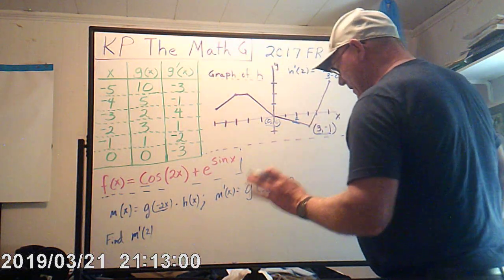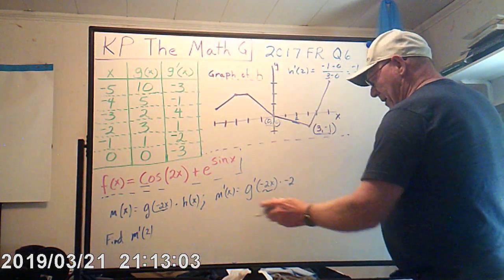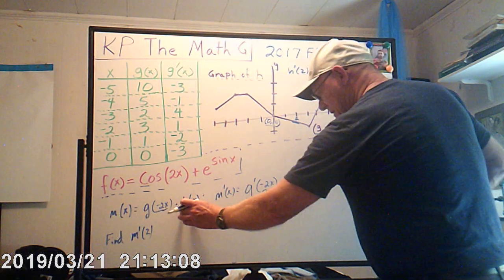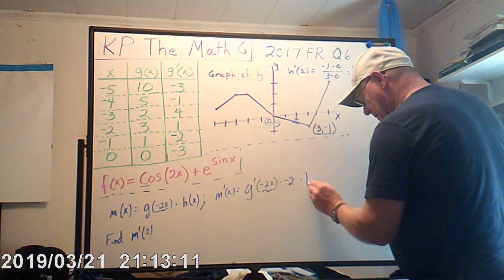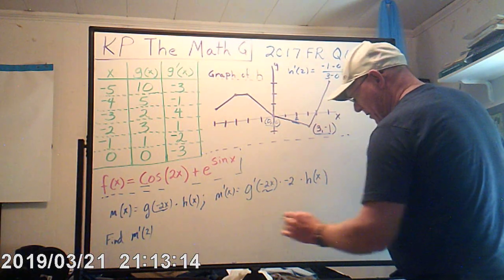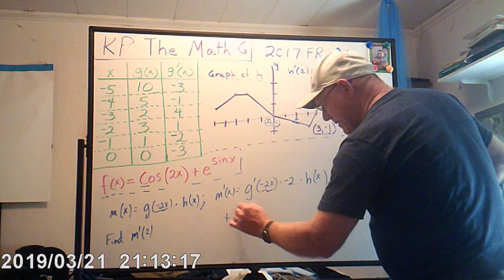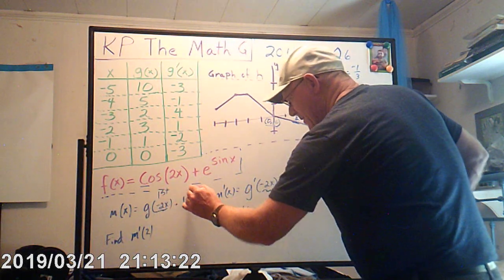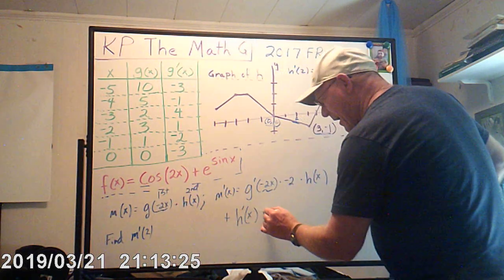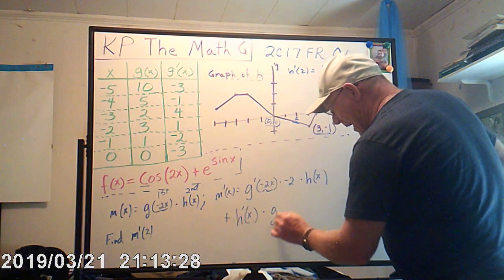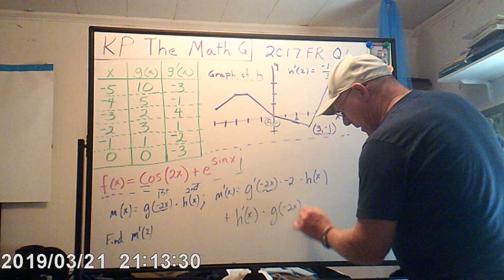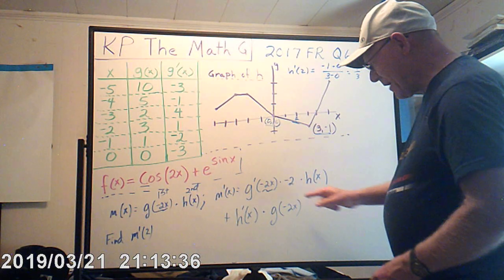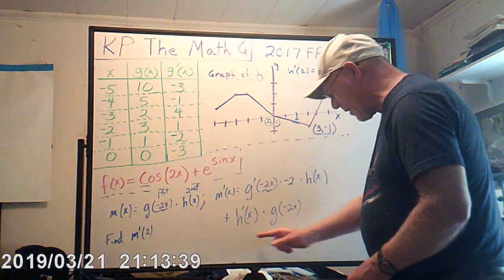Now this is the derivative of the first times the second, h at x, plus the derivative of the second, h prime at x, times the first, so g at negative 2x. That is the chain rule and the product rule, a combination of the two together.